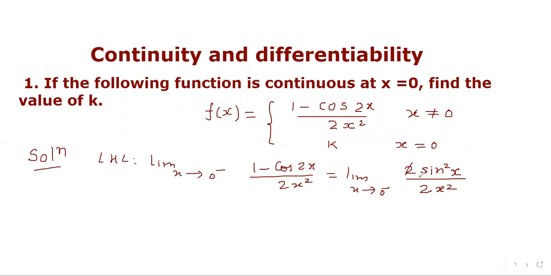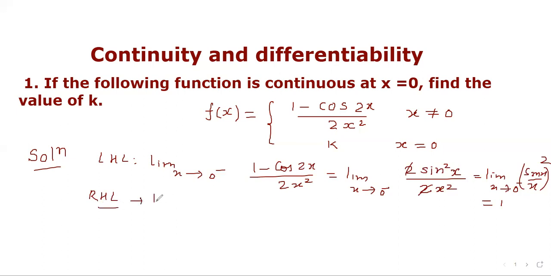So 2 will cancel out, and we know that sine x upon x is 1. We can write it as limit x tends to 0 minus (sine x upon x) whole square, and that will become 1. If we write RHL, everything will remain the same.